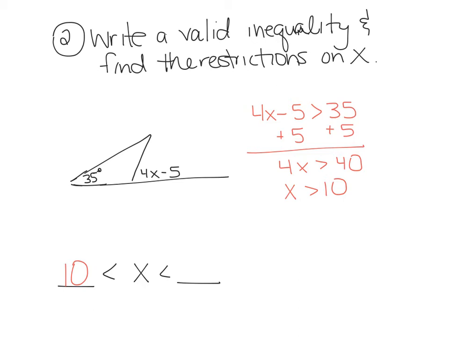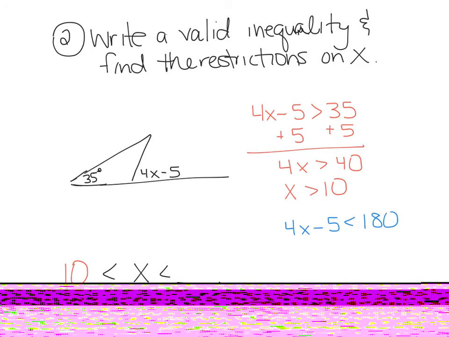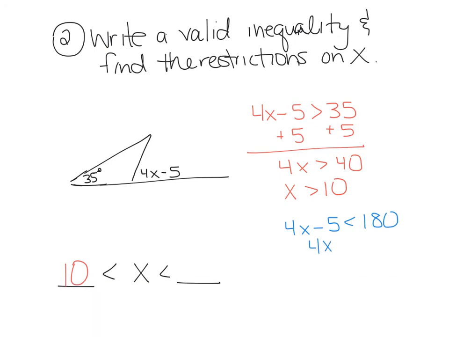In order to make this a triangle, we need to make sure that that 4x minus 5 is less than 180. Giving us 4x is less than 185, divided by 4, and we get 185 over 4.